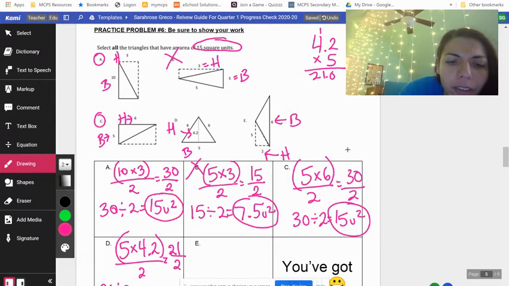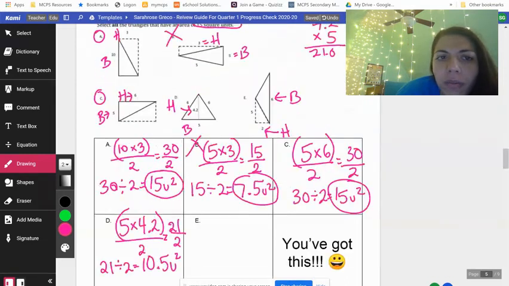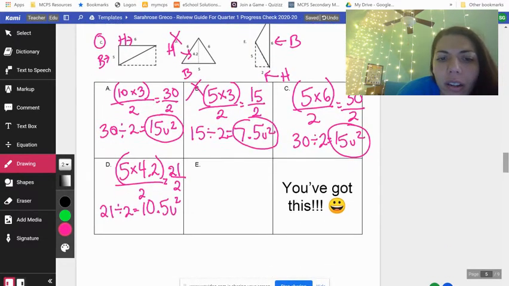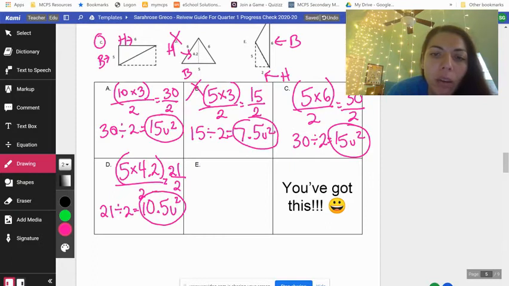Well, I know 20 divided by 2 is 10, and 22 divided by 2 is 11. So 21 divided by 2 has got to be 10.5 units squared. So it looks like D is out. That does not work.